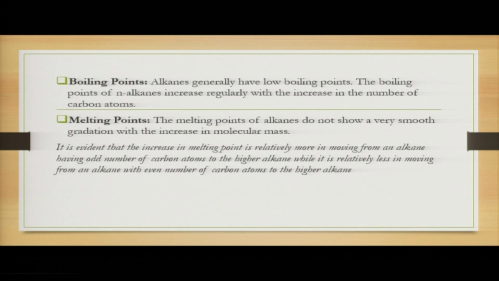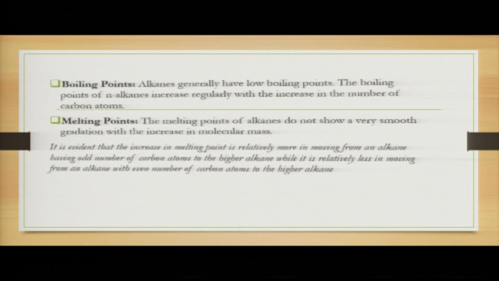As the number of carbon atoms increases, there is an increase in the boiling point. As the compound becomes bigger, the intermolecular forces increase, and therefore the boiling point and the melting point will also increase.